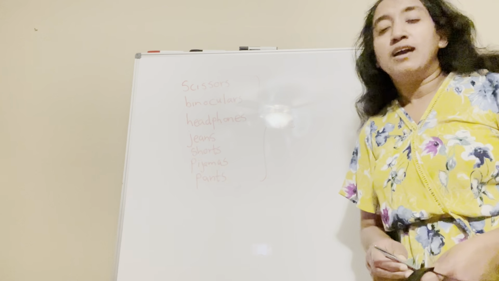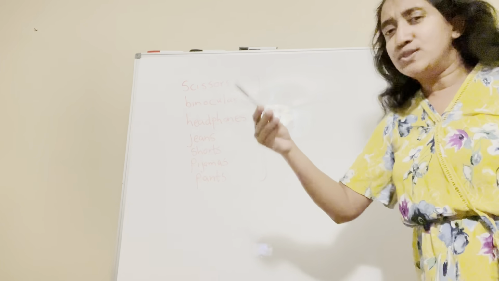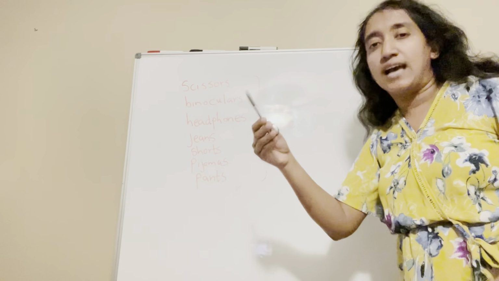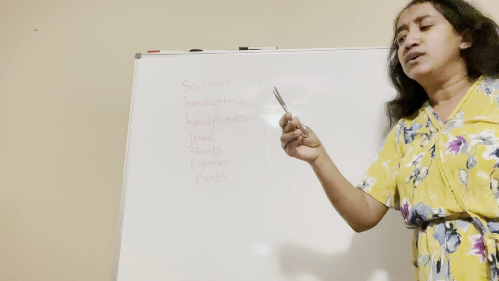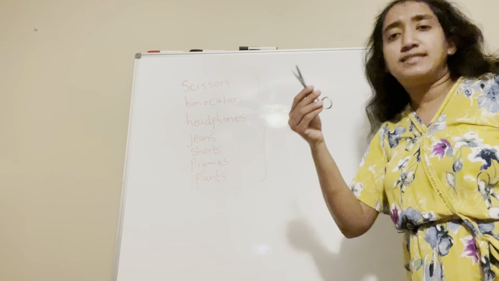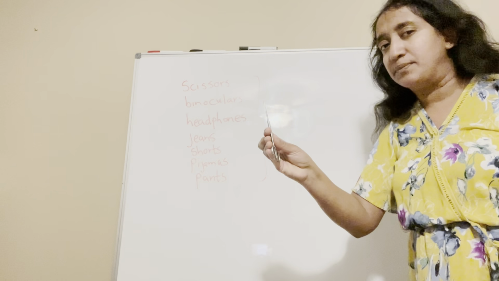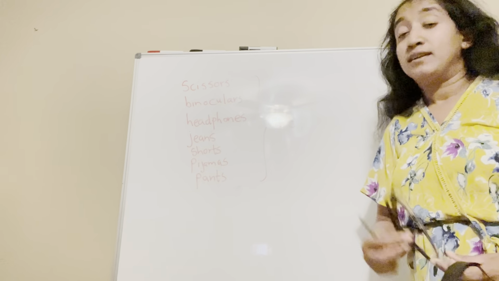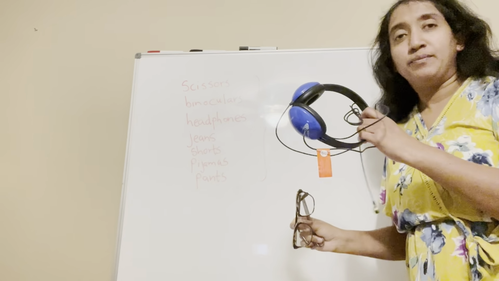Why? I have a pair of scissors in my hand. When you first look at this item, you think it is a singular word because we have only one item. Glasses. Headphones.